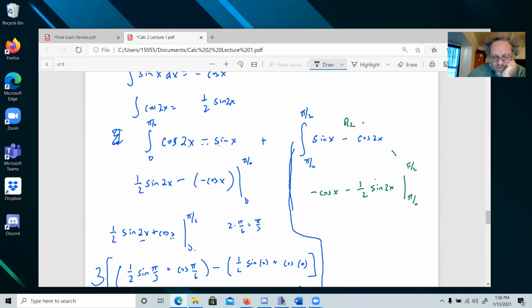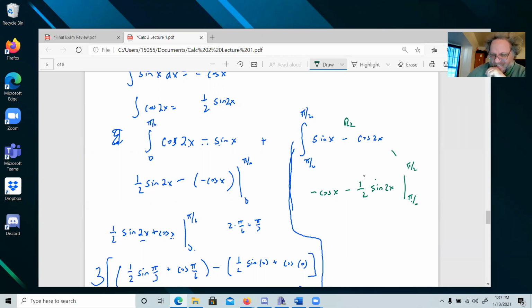So let's see here. Actually, can I be clever? I think I can. Do you remember that if we swap the integration limits, we can change the signs? It was kind of a thing in Calc 1.